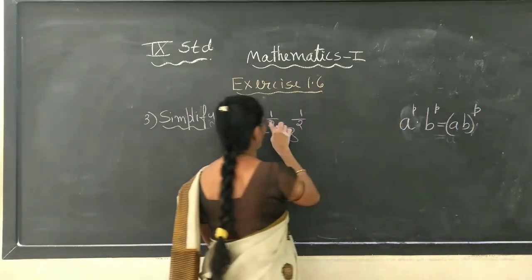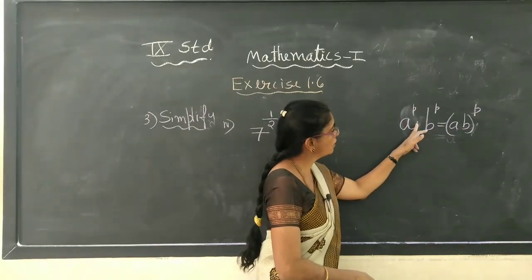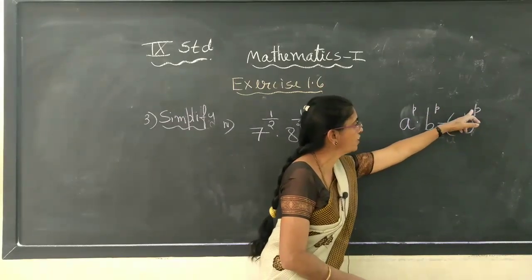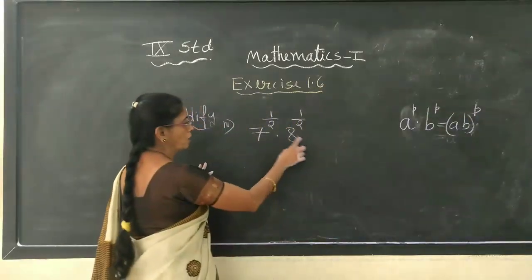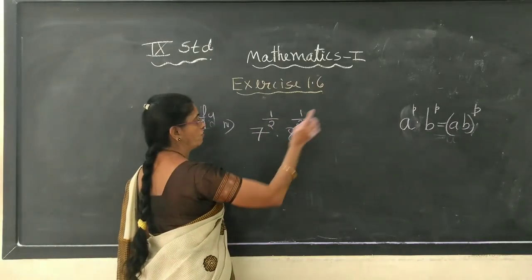If the power is same but the base is different, we can do the multiplication. We will do a into b together, but the power we will write outside one time. Base are different, but the index value is same. So that law we have to apply.